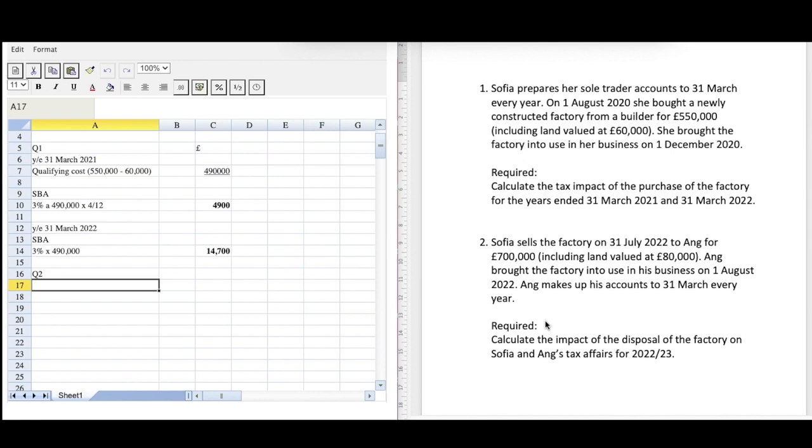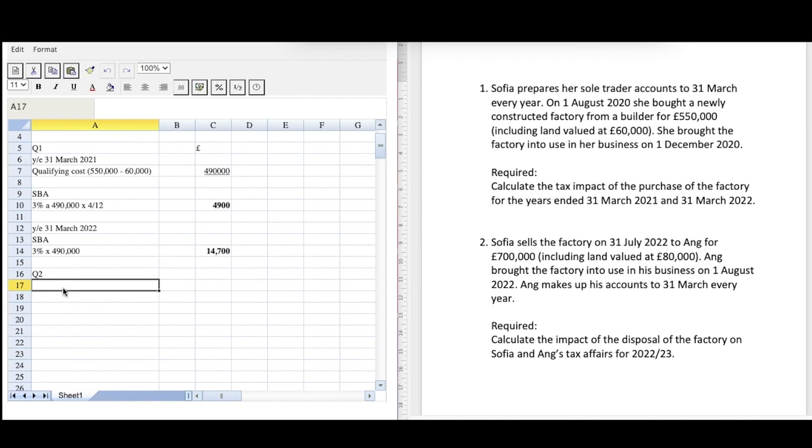Instead, what happens is that the purchaser will continue to claim the remaining periods for that building. In the final period for the seller, they will proportion how much of that period they had the factory for in this case, and they will claim that proportion of the SBA. So it's very different to what we have for our plant and machinery allowances.